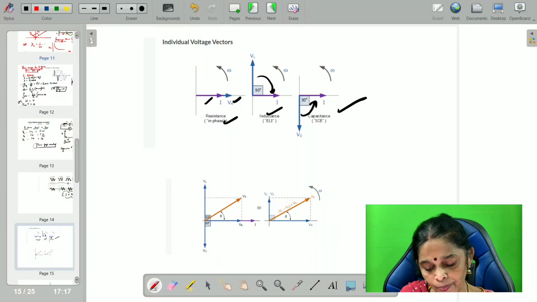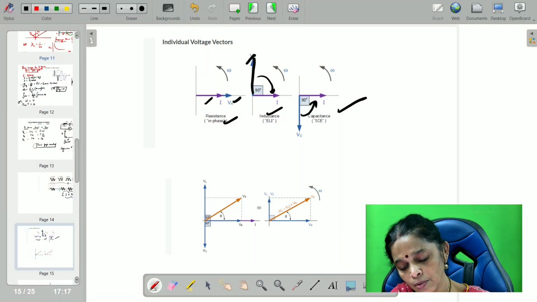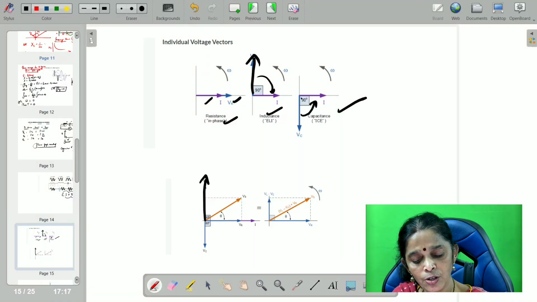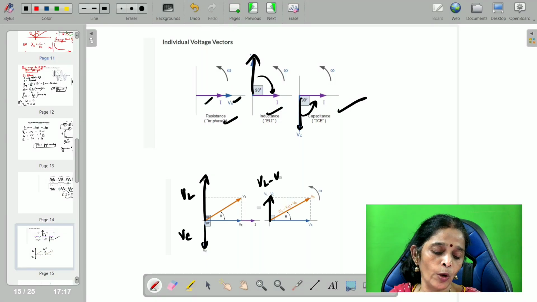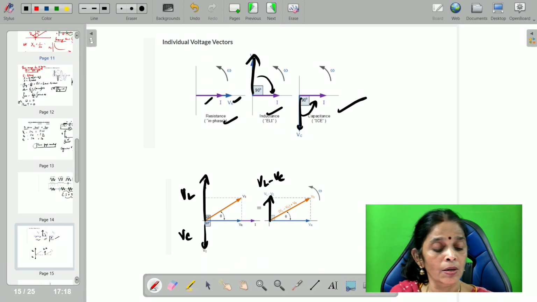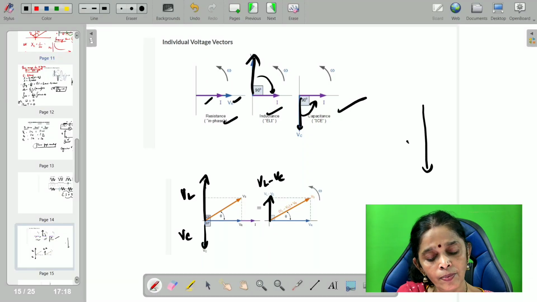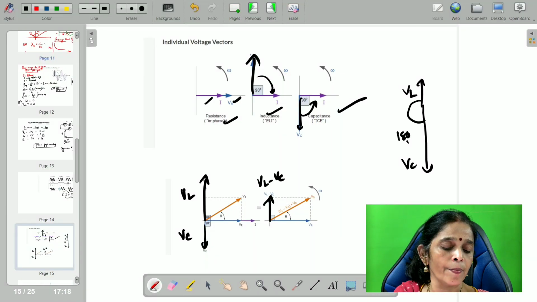Putting it together. So, this is VL. Take this VL. This is VC. Take this VC. VL is greater than VC. So, therefore, VL minus VC. You can ask me why you have to take VL greater than VC. You can even take VC greater than VL. If VC is greater than VL, this is VC, this is VL, and the angle between them is 180 degree.